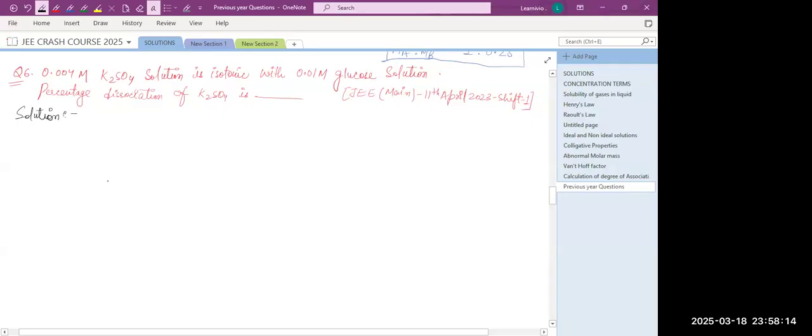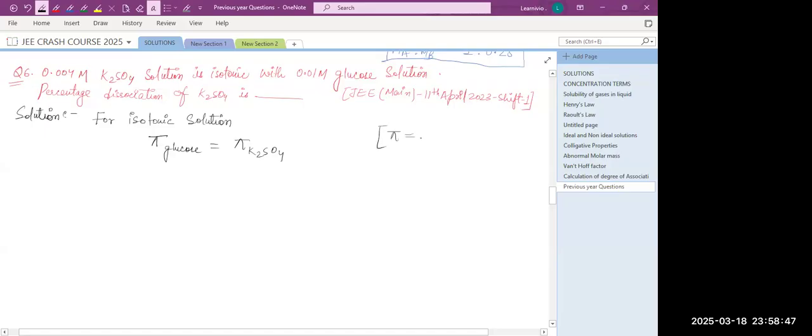Now see, we know that for isotonic solutions, the osmotic pressure will be the same for both. Osmotic pressure of glucose equals osmotic pressure of K2SO4, right? Now, what is the formula for osmotic pressure?